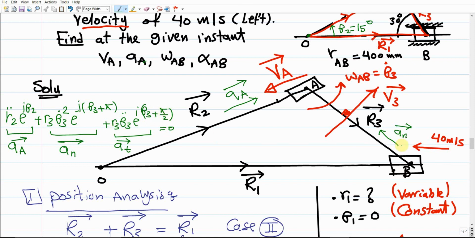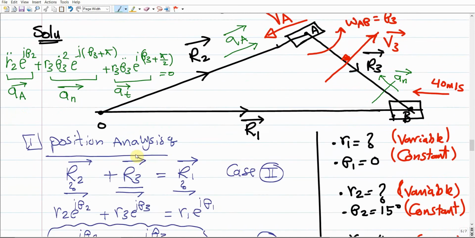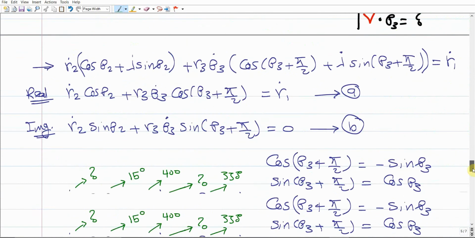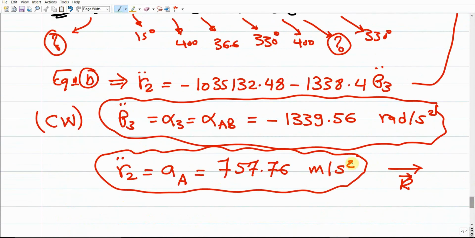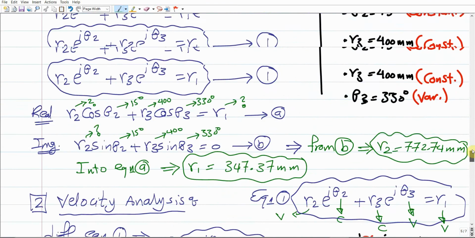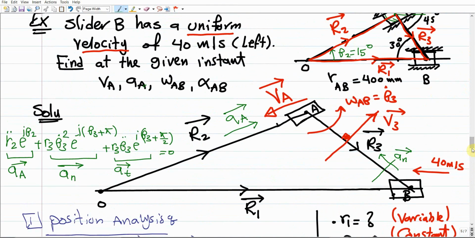So it should be normal to the length 3 at 90 degrees, and it should go in the same direction as alpha 3, which is alpha AB. Alpha AB, we got it down here negative, which indicated that it rotates in the clockwise direction. So the direction of alpha 3 should be clockwise.